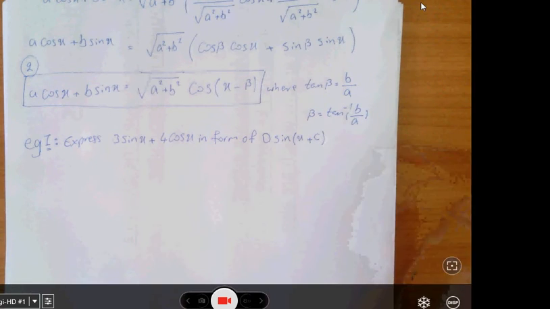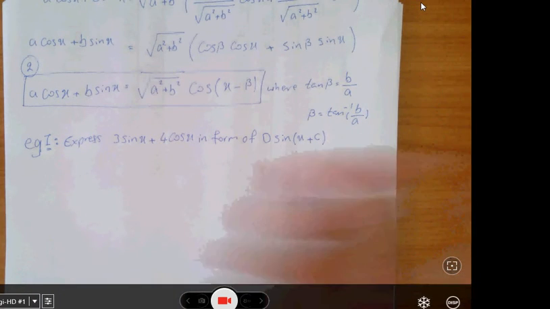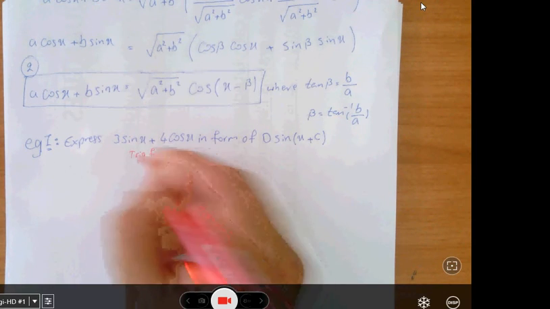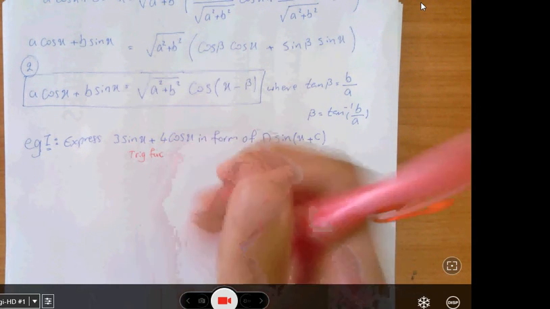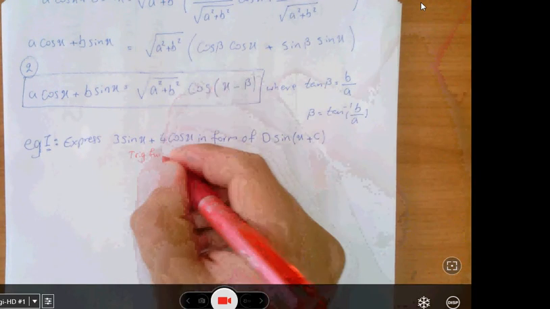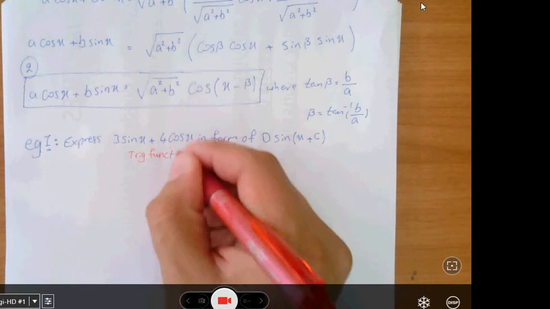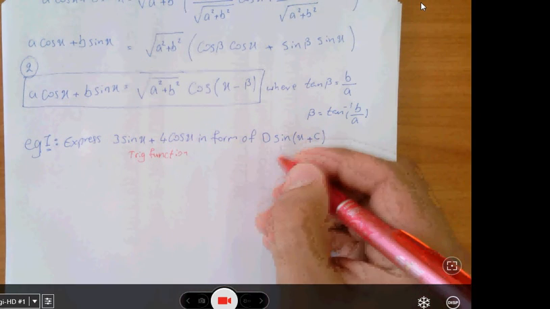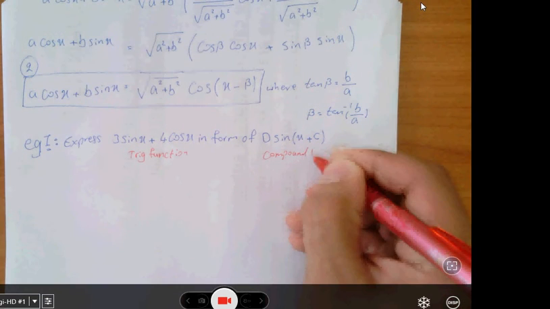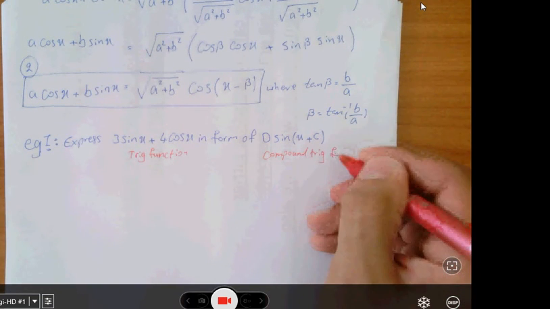So once again, you have a trig function, well, I should say two trig functions, a combination of trig functions. Down here you have the compound trig form, right?